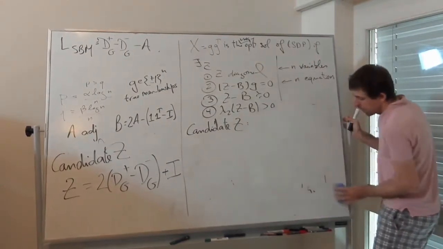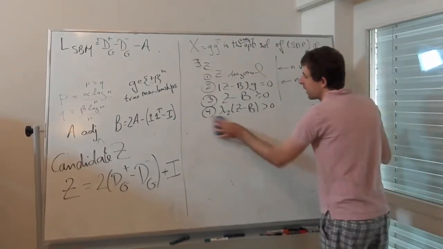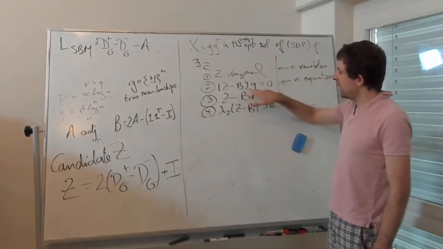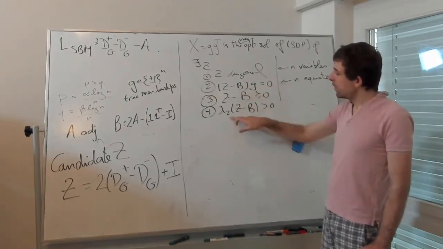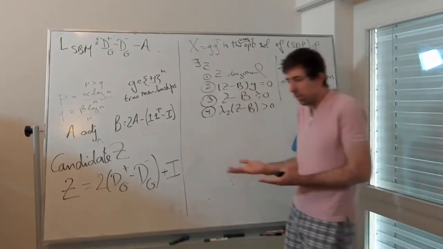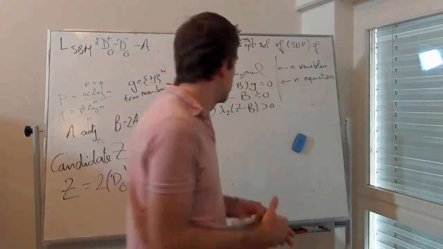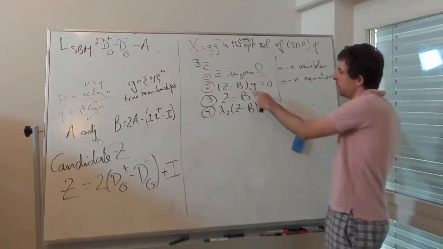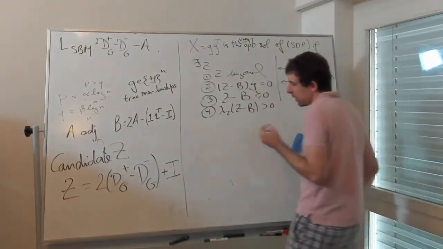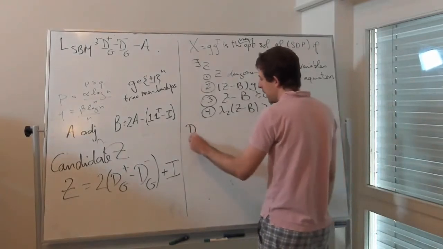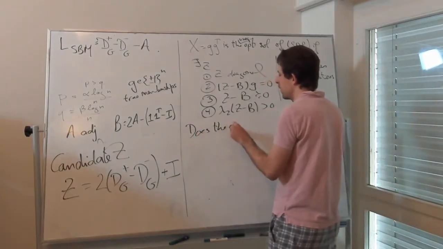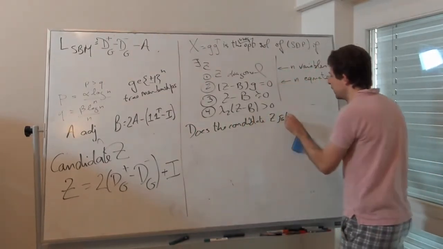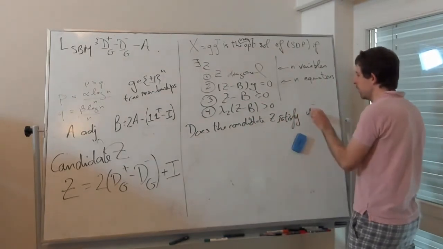But it's not hard to see that all you really have to check is condition 4, because we know that g is in the kernel. So if the second smallest eigenvalue is bigger than 0, we know the first one is exactly 0, because the first one must correspond to g. So really all we need to check is: does the candidate Z satisfy 4?